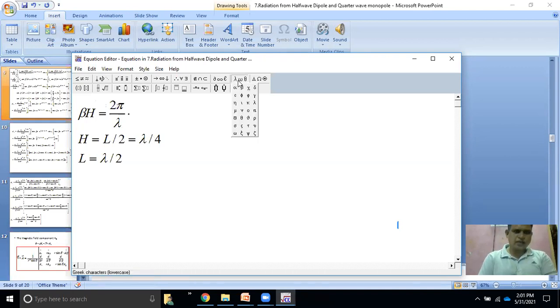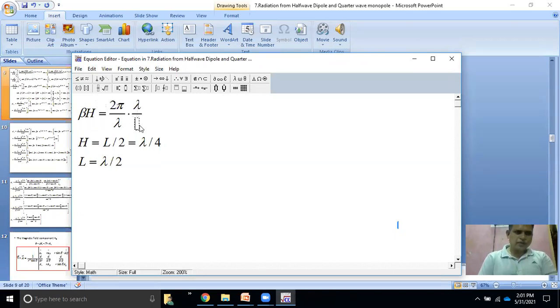Now substitute here. Now this lambda and lambda will get cancelled, and this 2 and 2, so beta into h is equal to pi by 2.